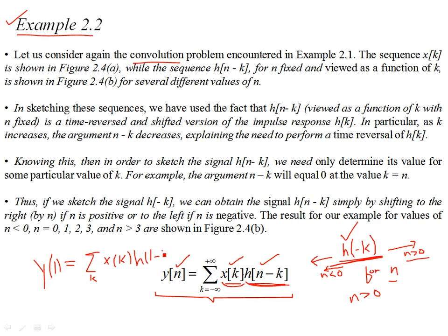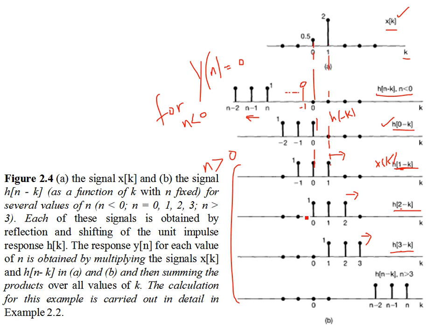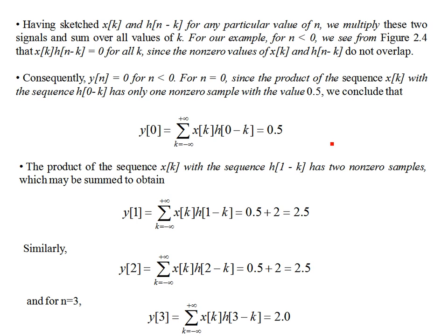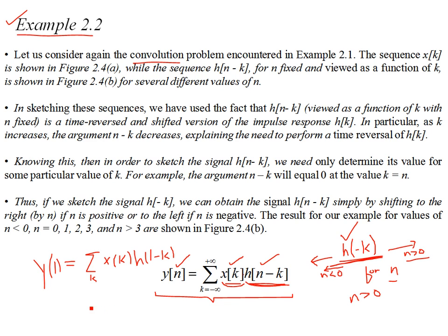On a sample-to-sample multiplication basis, if I consider this sequence with this sequence, there are two overlapping samples. The multiplication yields 0.5, and then the multiplication of 2 with 1 is again 2. So basically the result is 2 plus 0.5, so y of 1 becomes 2.5.